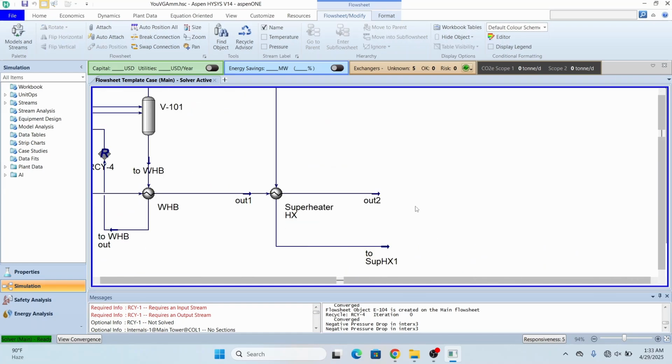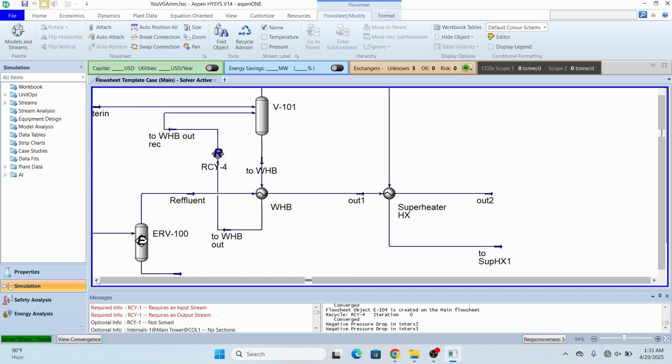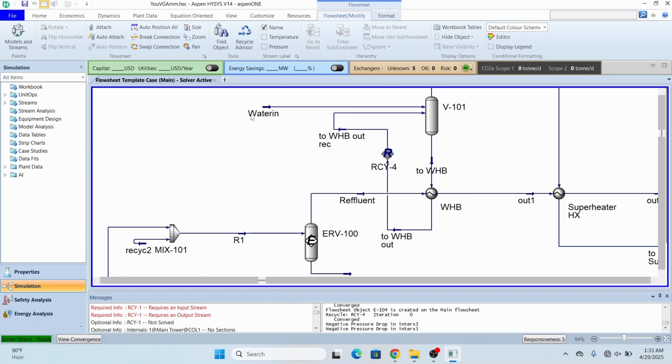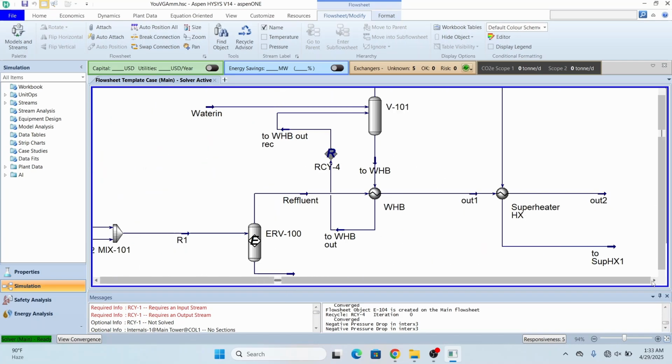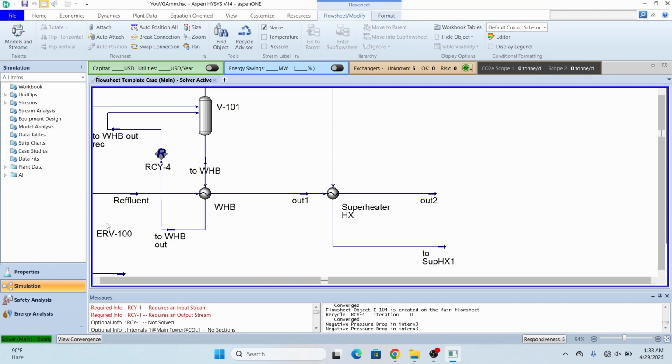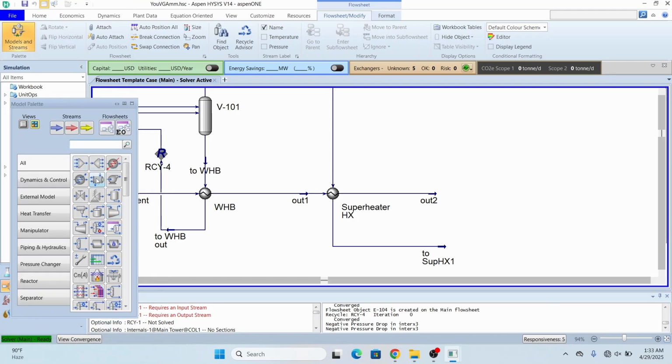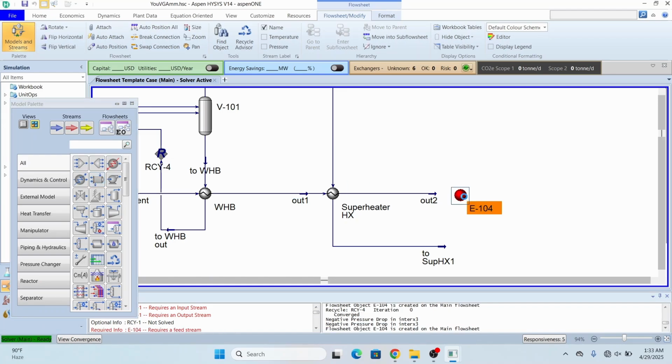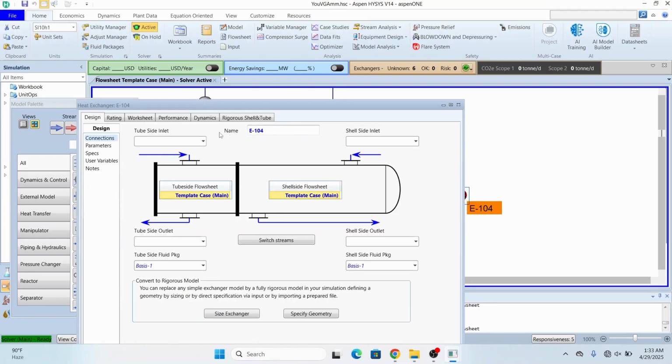Now we will use another heat exchanger, and this heat exchanger will be used to add the sensible heat to this water stream. Again, I will go to my model palette. Here I will specify my heat exchanger, and you can give the inlet as out 2 and the outlet as out 3.